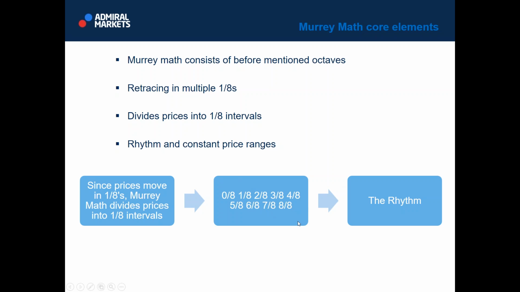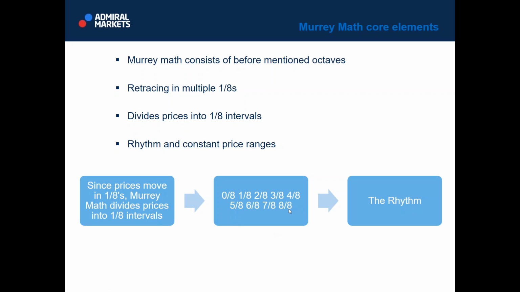Now, if the price gets out of the rhythm, it goes into overshoot. We simply say the market has overshot. If the price goes below 0/8, we have minus 1/8, and below minus 1/8 is minus 2/8. It is the same above 8/8.